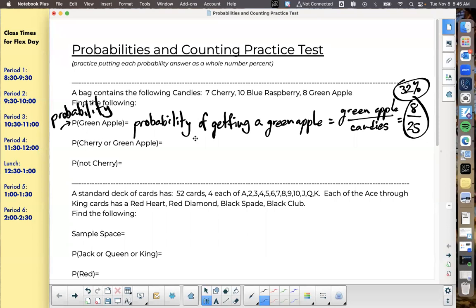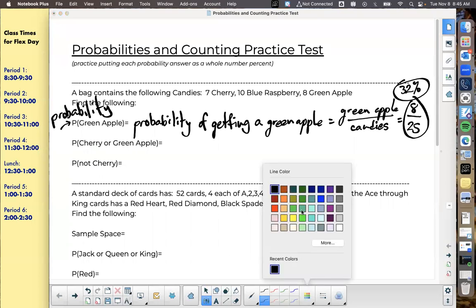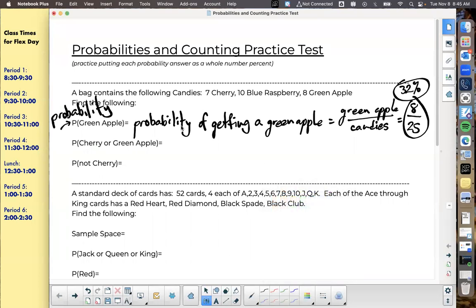So, okay, probability of cherry or green apple. Well, that means the 2 numbers we need. The top number is going to be the number of cherries or green apple. The bottom number is number of candies. So cherry or green apple means we're going to add them together. So we've got 7 cherry plus 8 green apple.